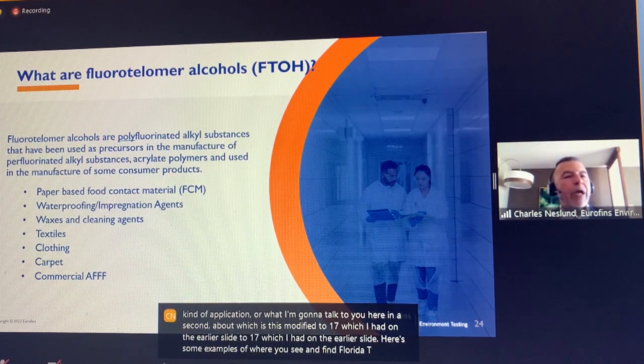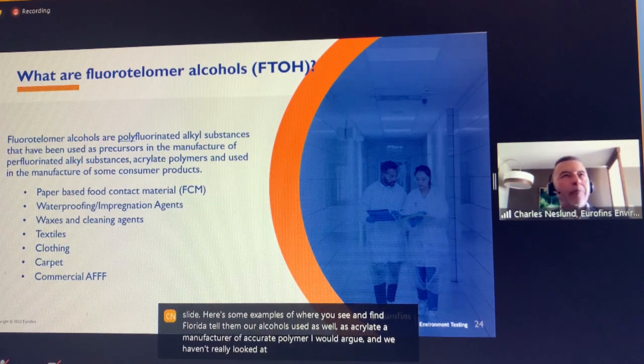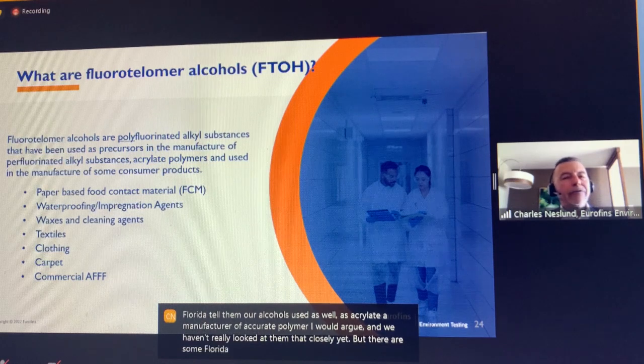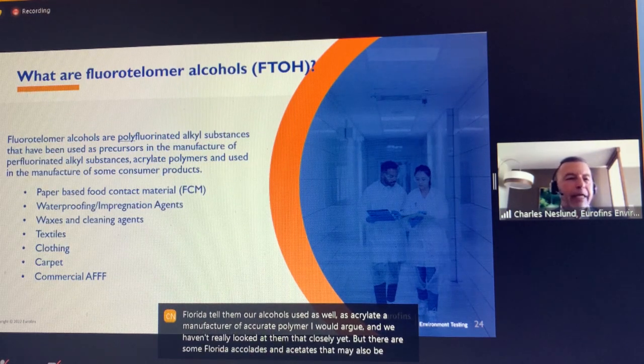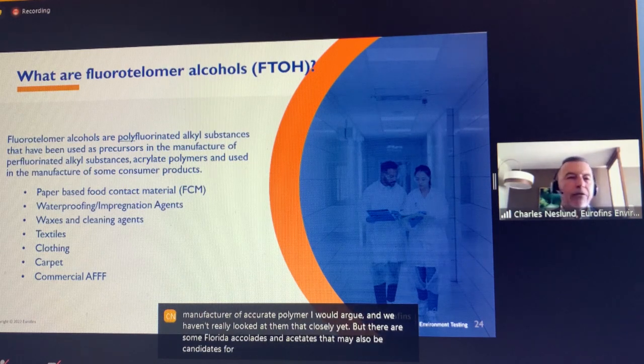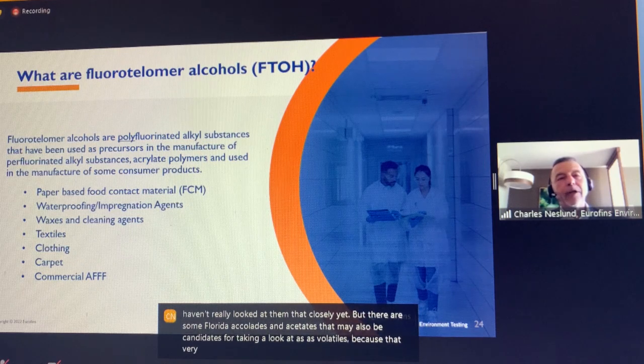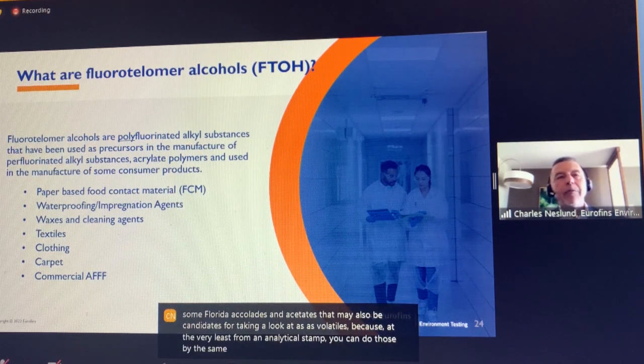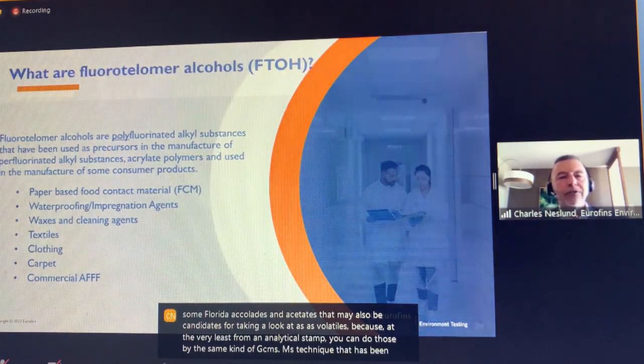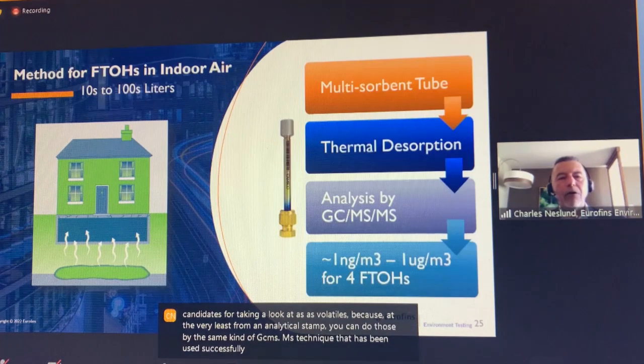I would argue, and we haven't really looked at them that closely yet, that there are some fluorotelomer acrylates and acetates that may also be candidates for taking a look at as volatiles, because at the very least, from an analytical standpoint, you can do those by the same kind of GC-MS/MS technique that has been used successfully for these fluorotelomer alcohols.